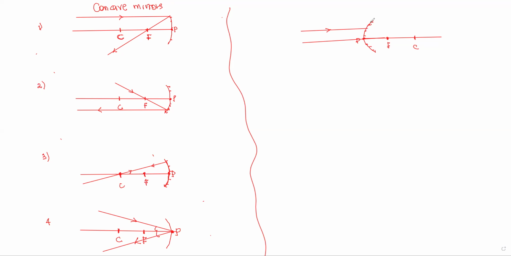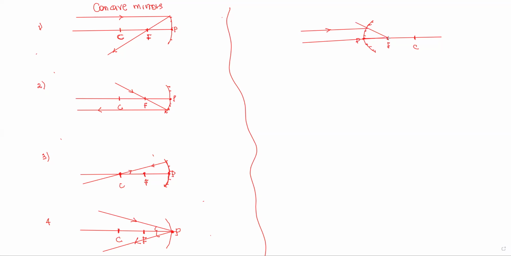Now, convex mirrors diverge reflected rays. So the ray will be diverged, but the diverged ray will appear to be diverging from F. You can't say it will pass through, because it's virtual.